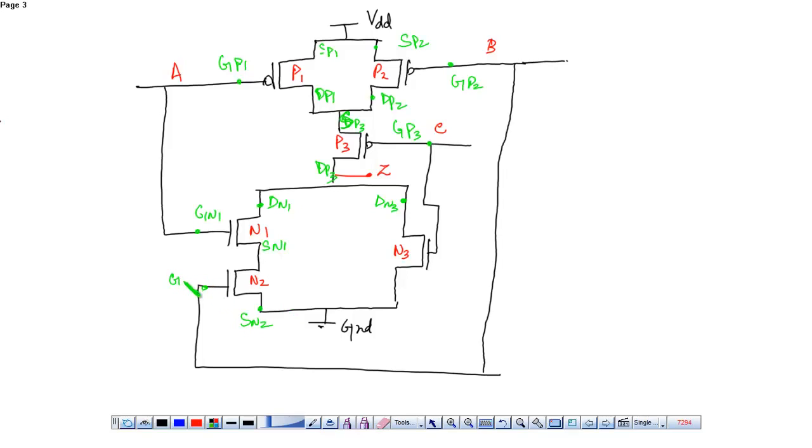This is the gate of N2, and this is the drain of N2. This is the source of N3, and this is the gate of N3. Now this is the normal schematic diagram.